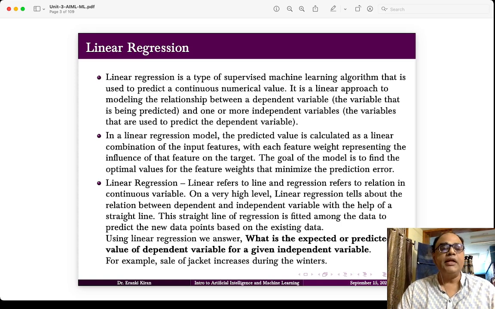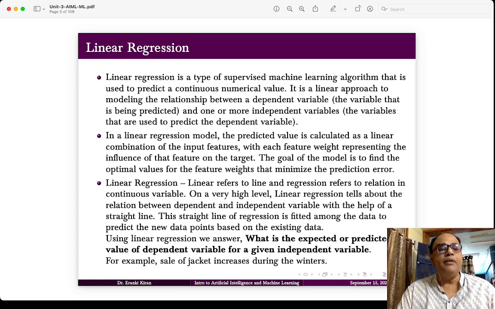This straight line of regression is fitted among the data to predict new data points based on the existing data. What is the expected or predicted value of the dependent variable for a given independent variable is what we are trying to find through linear regression.